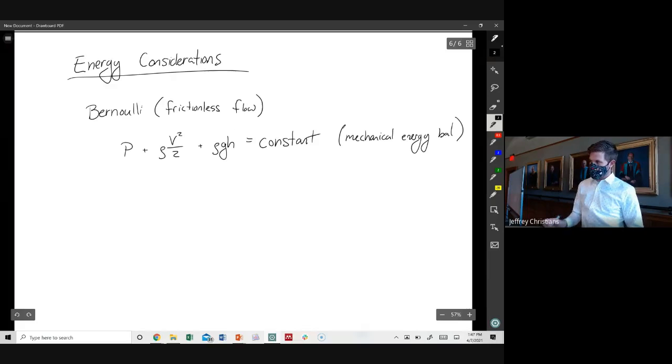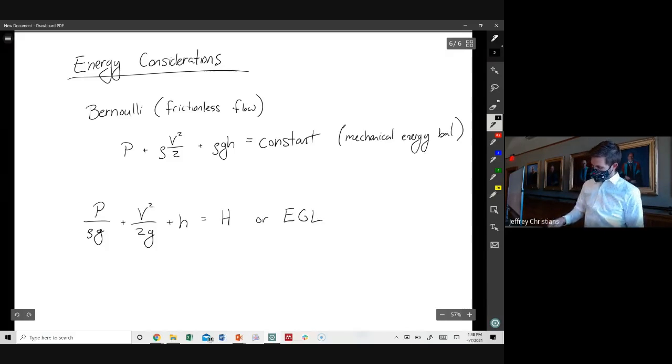These are things that you may see elsewhere. Depending on where you encounter fluids, you'll see different terms come up. If you divide Bernoulli by rho g, you have P over rho g plus V squared over 2g plus h equals capital H, or EGL.